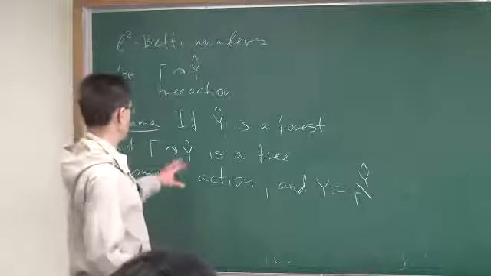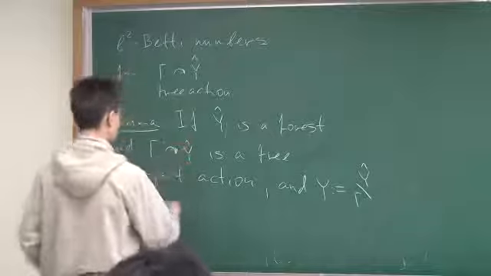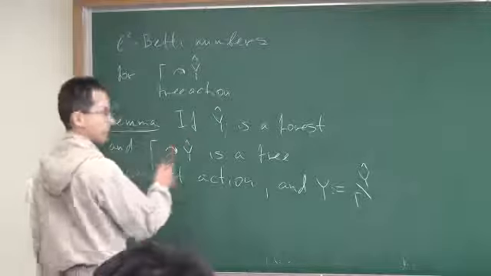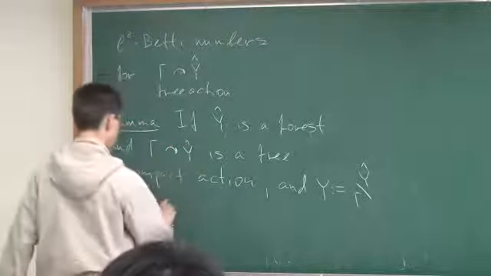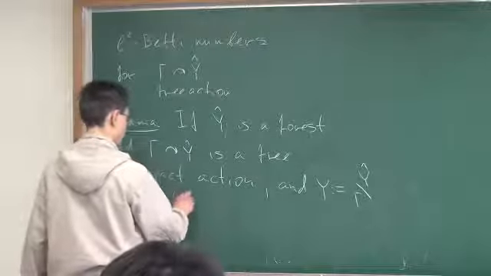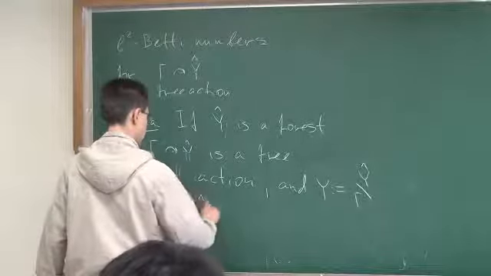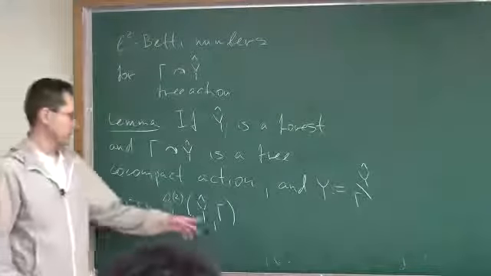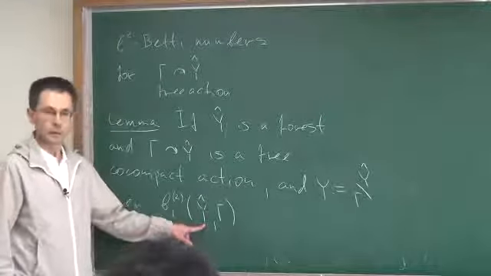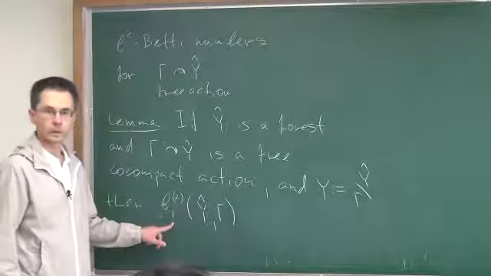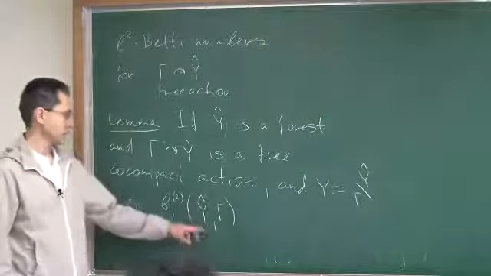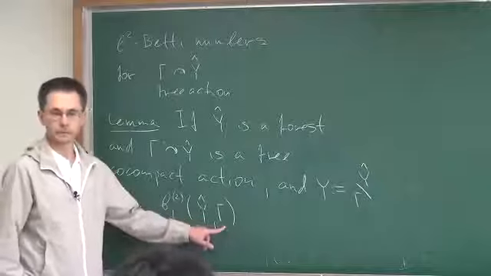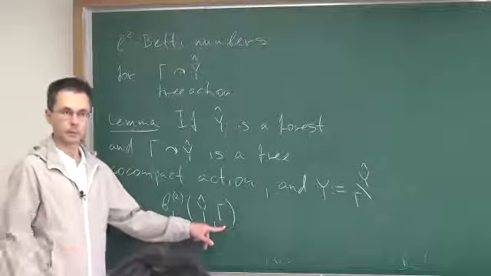If we denote the quotient y, then on one hand, since we have this action, we can talk about L2 Betti numbers. I'm going to take the first L2 Betti number, b_1^(2) of y hat with gamma, right? You remember it's defined: you take the L2 homology in dimension 1, and then you consider this L2 homology as a gamma module, as a Hilbert gamma module.